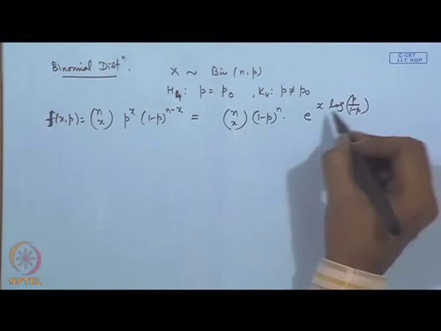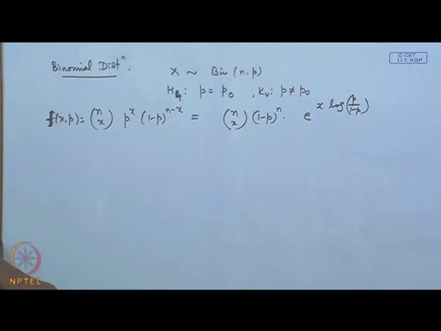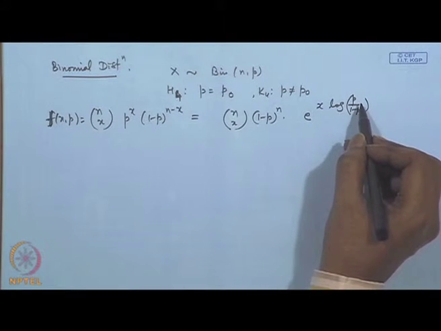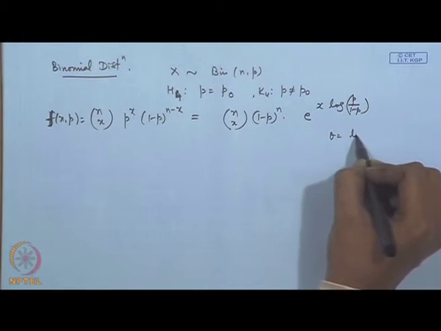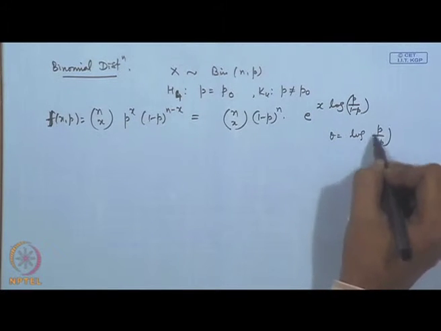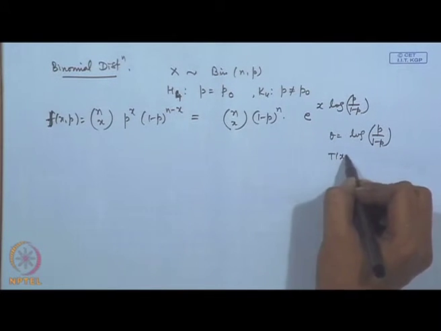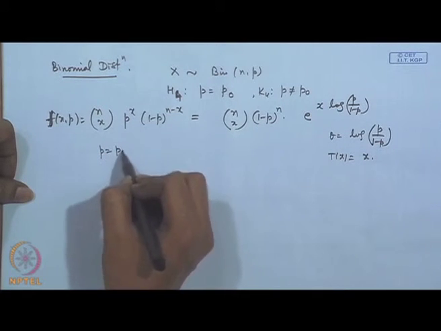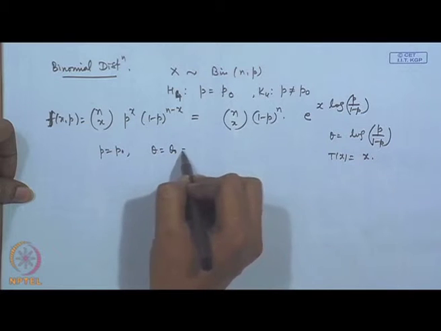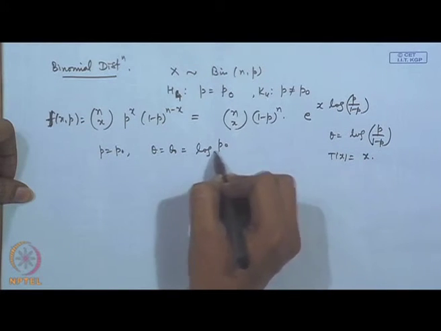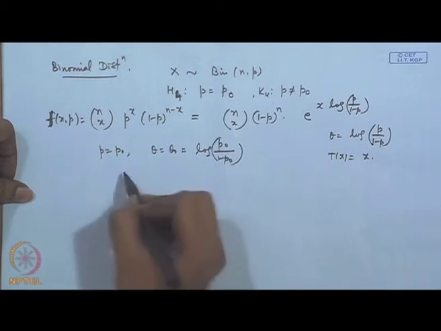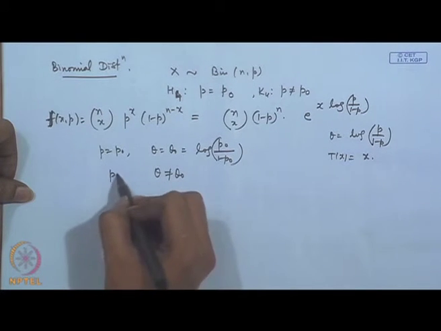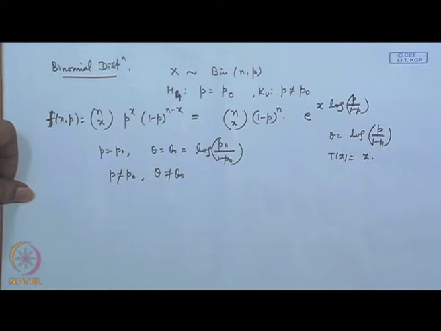So, here T(x) is equal to x and theta is equal to log p by 1 minus p. If p is equal to p naught, then theta is equal to theta naught, that is equal to log of p naught by 1 minus p naught, and it is equivalent to p equal to p naught.